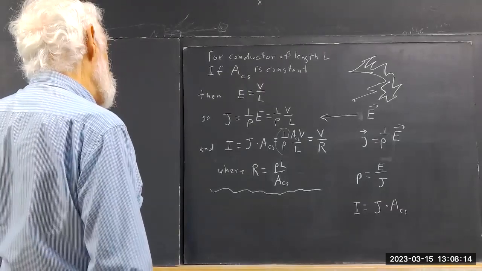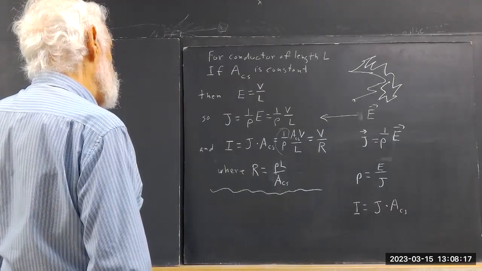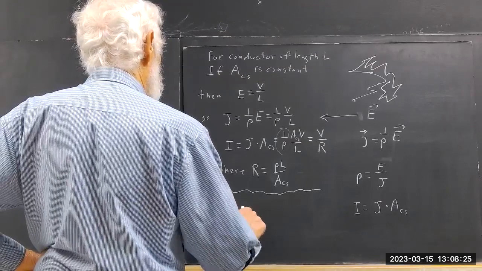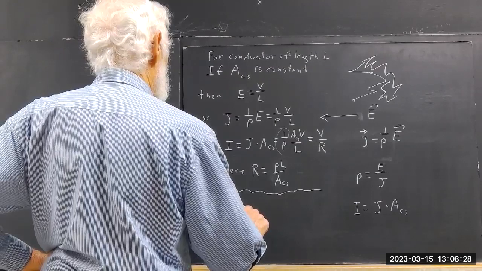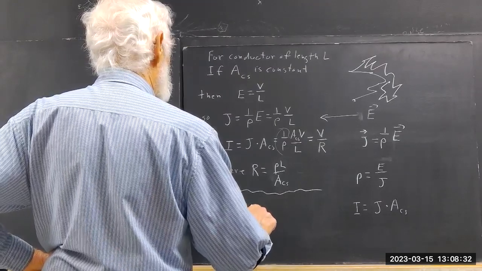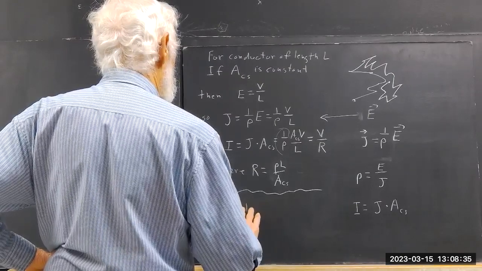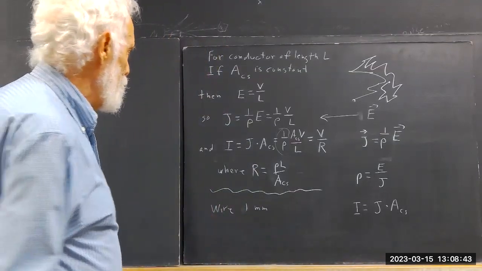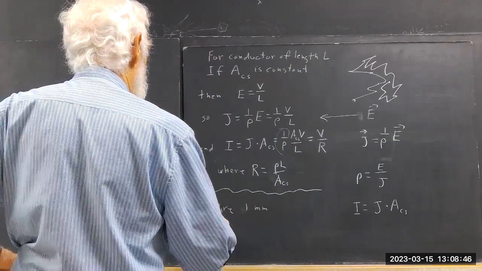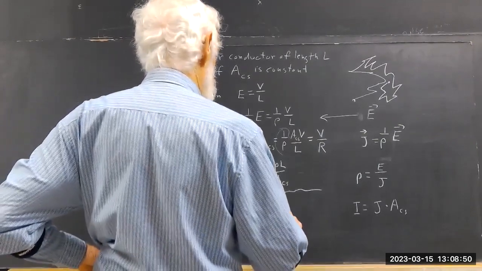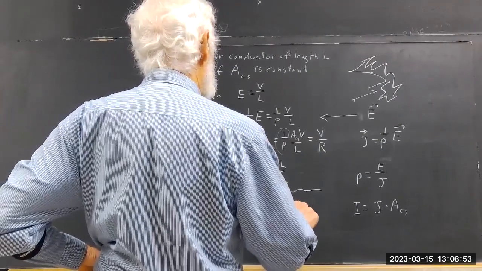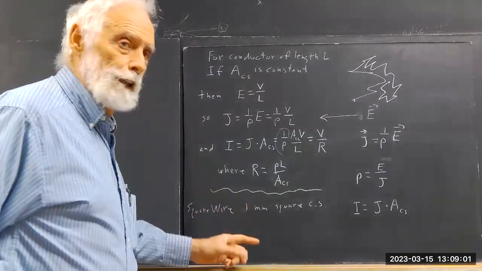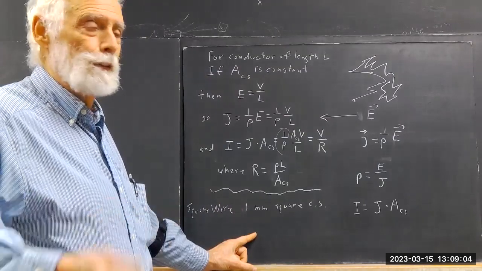Let's say we've got a wire, and we'll make it a square, one millimeter square cross section, just because it's easier to calculate the cross-sectional area. You don't have to involve pi r squared.